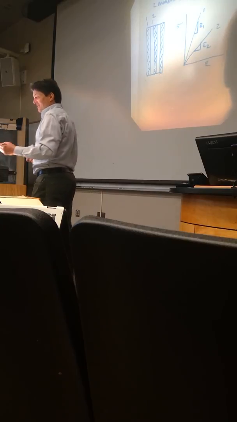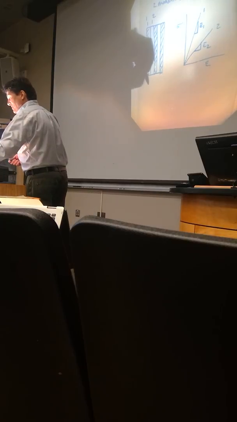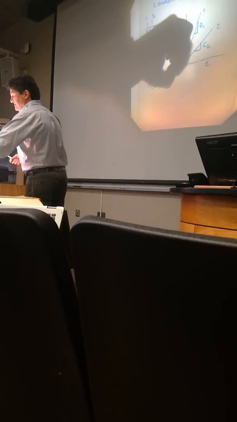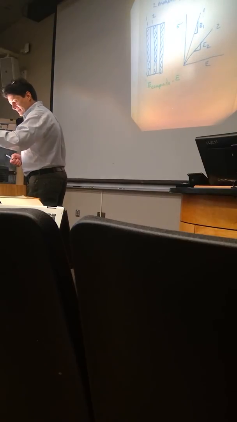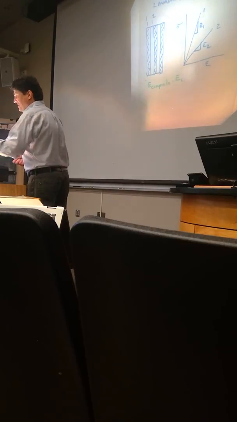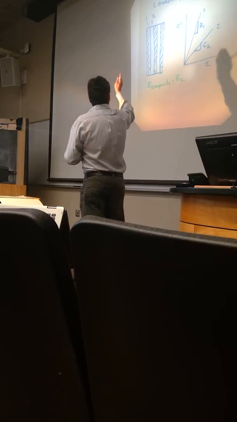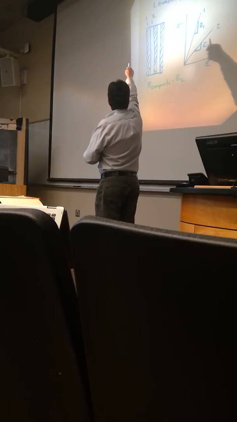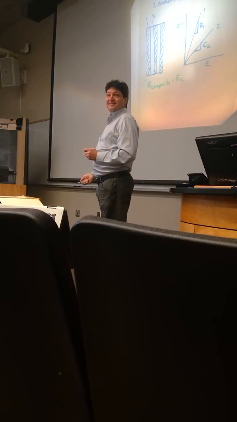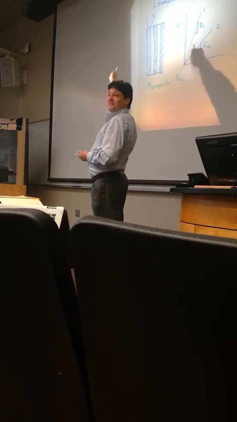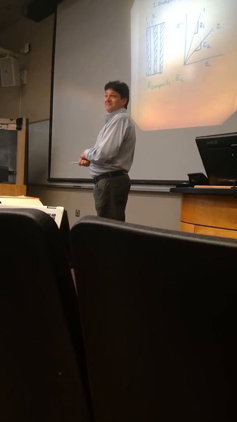But anyways, we want to know what is E of the composite, which I'm just going to call EC, E of composite. Well, one thing you can probably say is, this is 2 and this is 1, E of composite is going to be somewhere between the two of them.